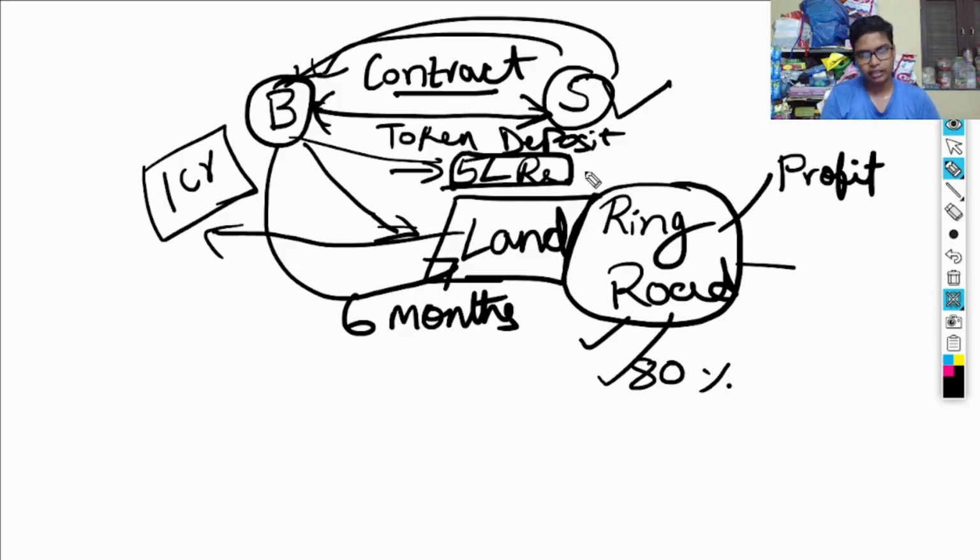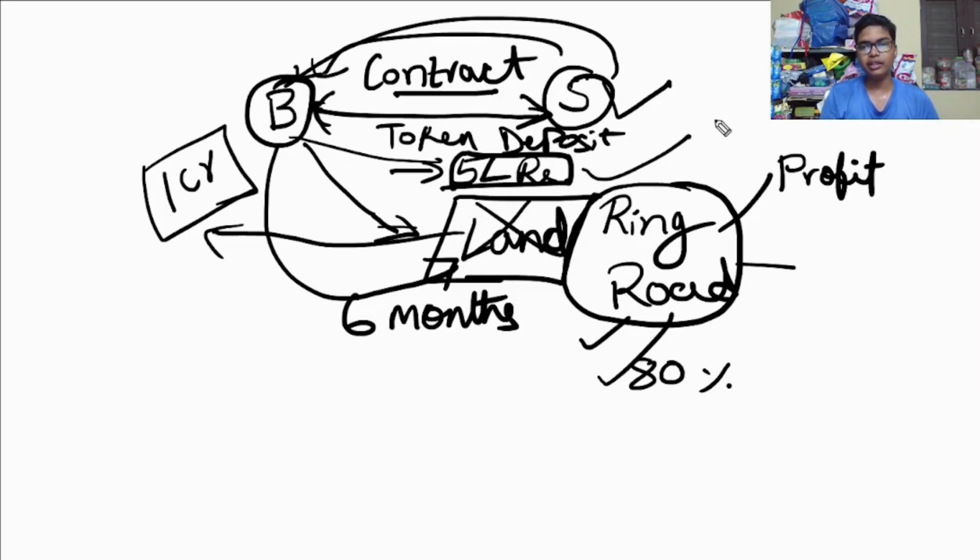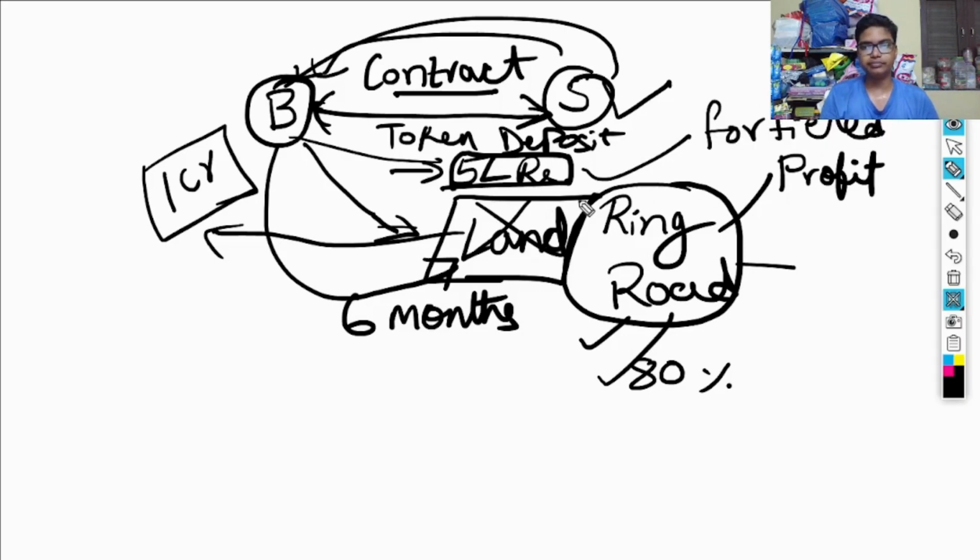As per the buyer's expectation, if the ring road is sanctioned, what will happen, and if the ring road is not sanctioned, what will be the scenario, we need to learn now. Under the contract there is a clause that if the land is not purchased by the buyer, the token amount deposited by him will be forfeited by the seller and not a penny will be paid to the buyer.